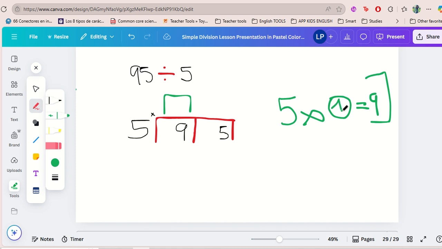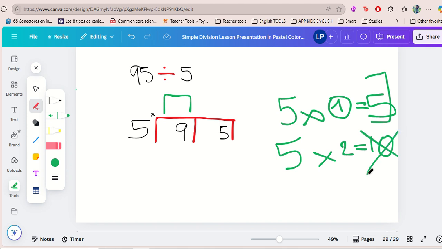5 times 1 is 5. So it works? Yes, it's not 9, but it's closer to 9 because 5 times 2 is equal to 10. Does it work? No, it doesn't work because it's greater than 9. So 5 times 1 is 5. Now what do I have to do, guys?